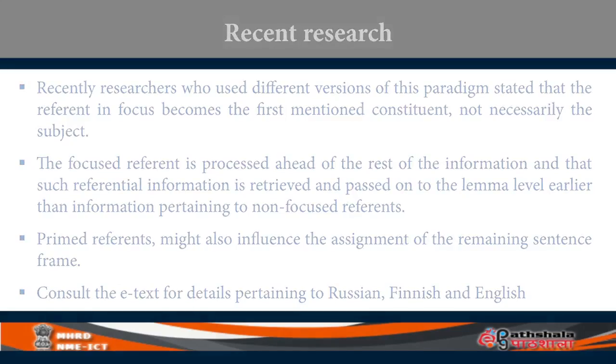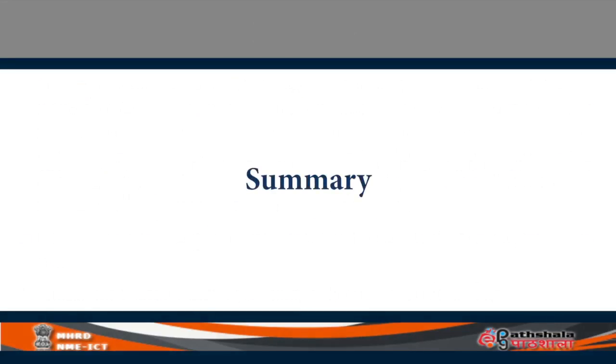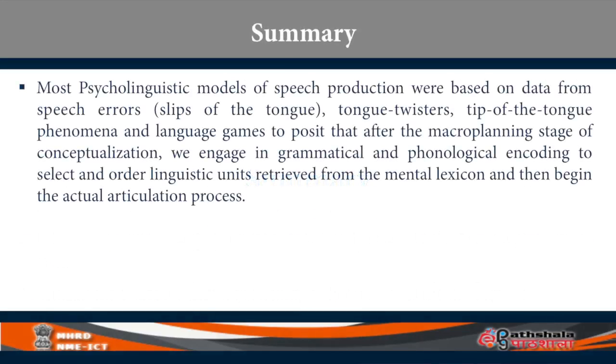But for now, I think I will just summarize what I have been saying. Most psycholinguistic models of speech production were based on data from speech errors, that is slips of the tongue, tongue twisters, tip of the tongue phenomena, language games, all this. They basically said that there is a macro planning stage of conceptualization which is very high.